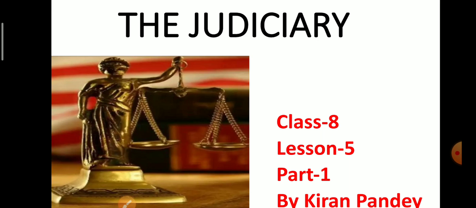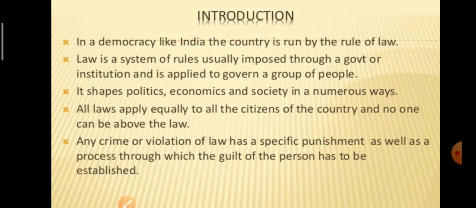Let's start today's module. In a democracy like India, the country is run by the rule of law. Law is a system of rules usually imposed through a government or an institution, and it is applied to govern a group of people. Judiciary shapes politics, economics, society in numerous ways.